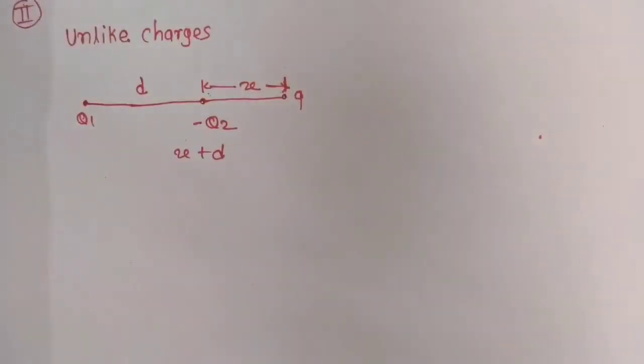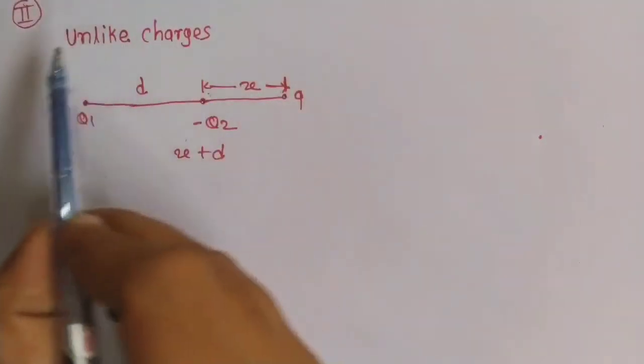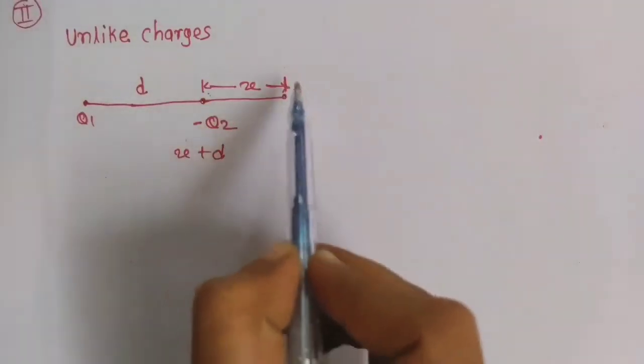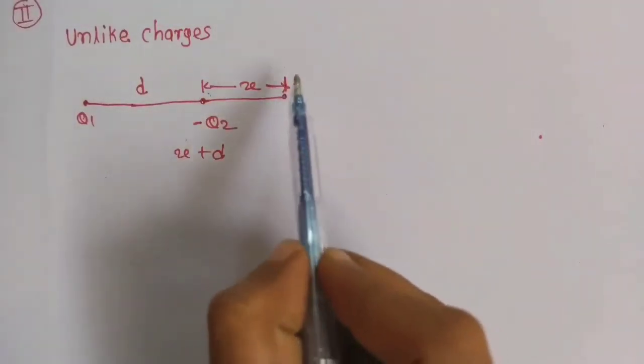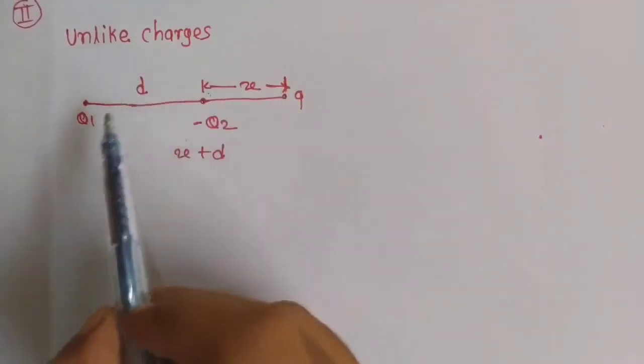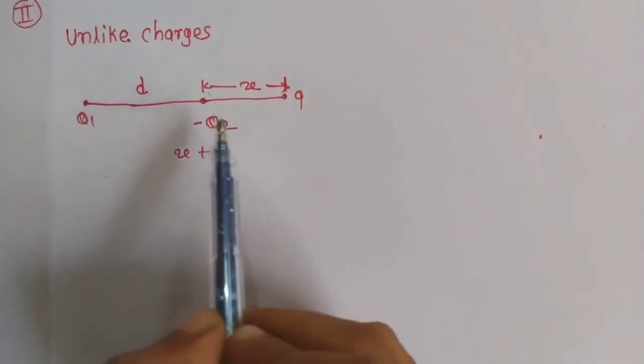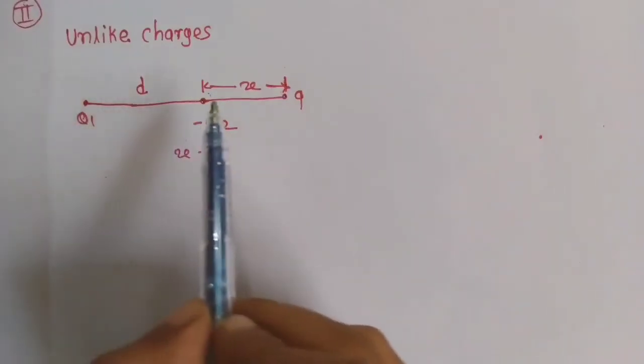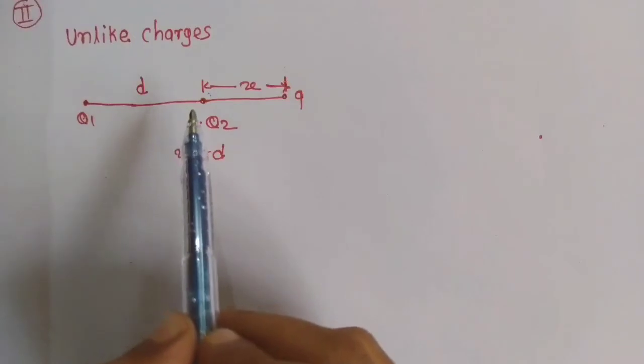The second part of this is when charges are unlike; we have to find the location and magnitude of the unknown charge Q. So we have two charges Q1 and minus Q2, and the distance between them is d.